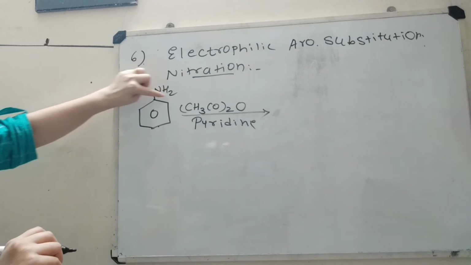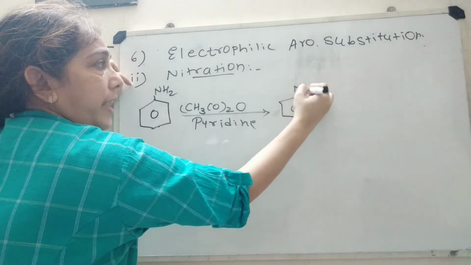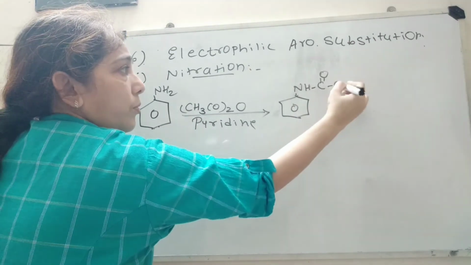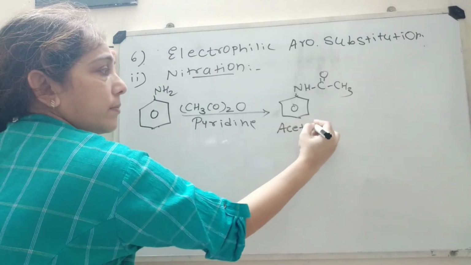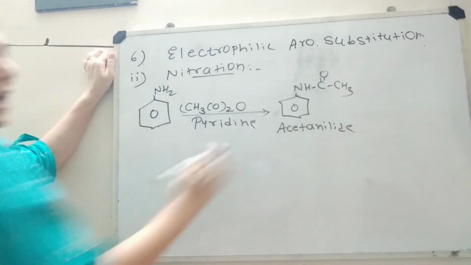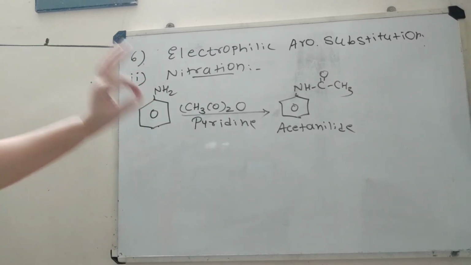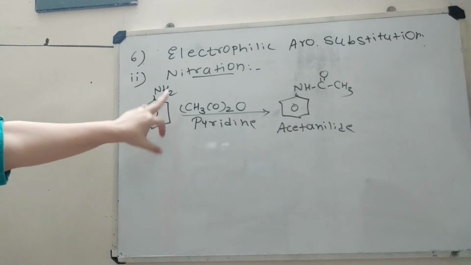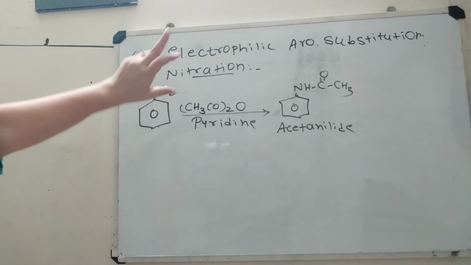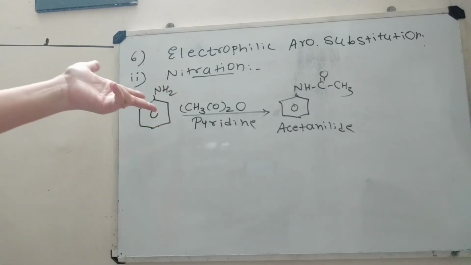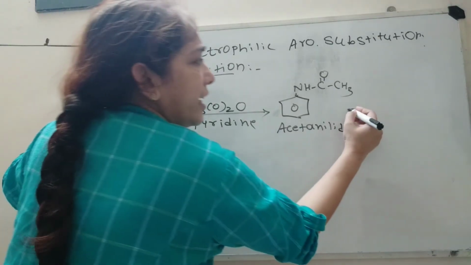Then this position will be protected to form NHCOCH3, known as acetanilide. So the first step, it reacts with the acetylating agent acetic anhydride in presence of pyridine, and the NH2 group is converted to the anilide group, known as NHCOCH3.